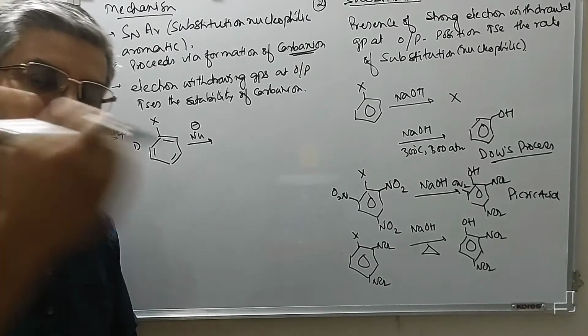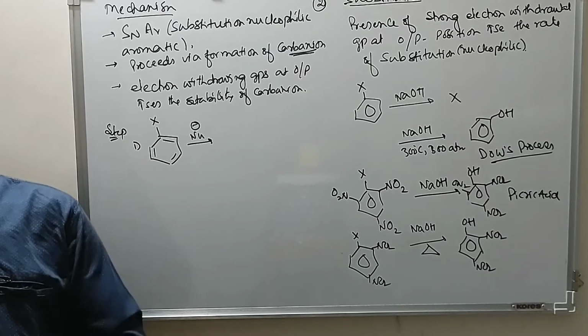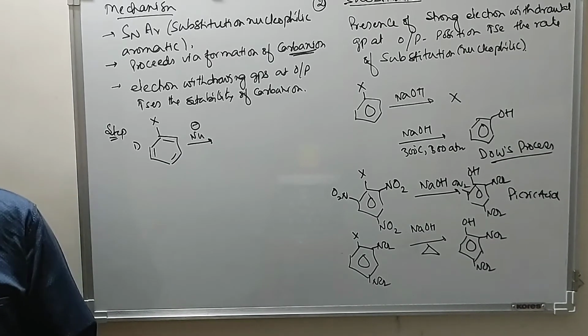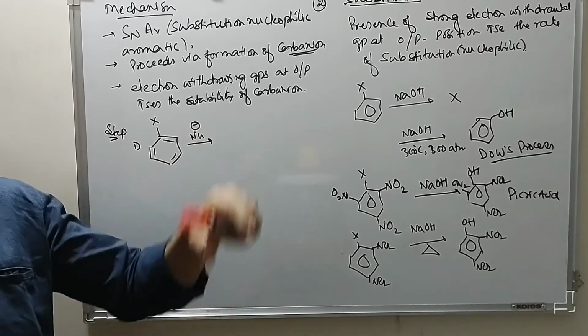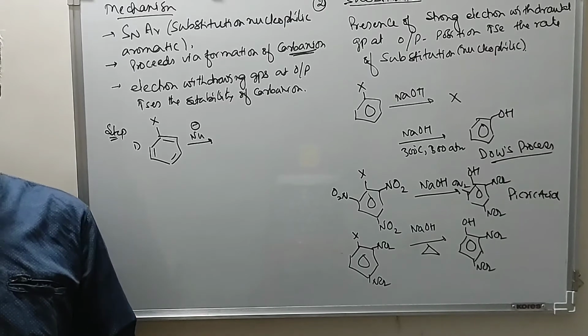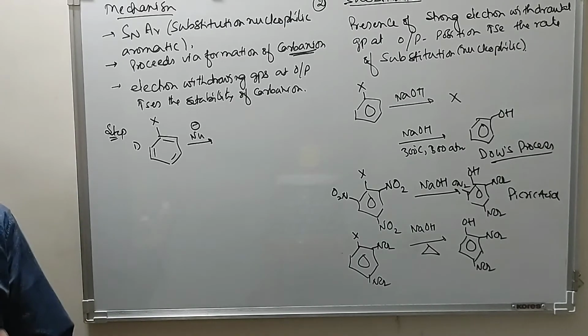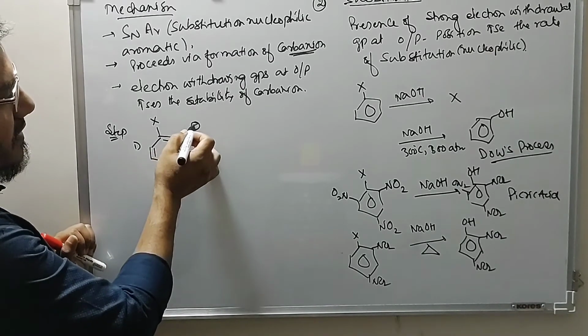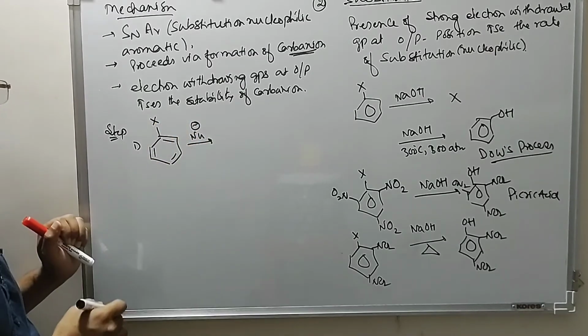If this nucleophile does not approach the benzene ring, will there be possibility of substitution reaction? No substitution reaction. So this is again one of the reasons why halobenzenes do not undergo nucleophilic substitution reaction easily. But look at this. This being electron rich, has to approach an electron deficient carbon.